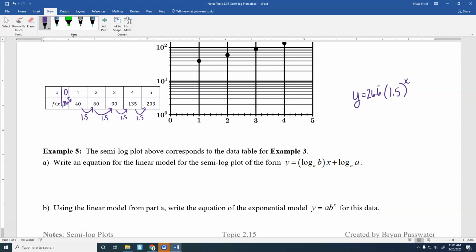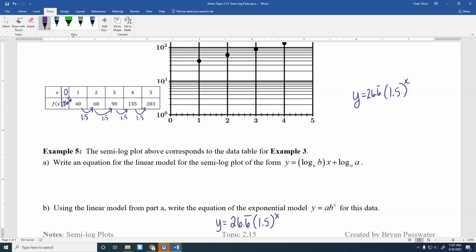Now, I really did b first. I did y equals 26.6 repeating times 1.5 to the x power. I did part b first, which just makes more sense to me.